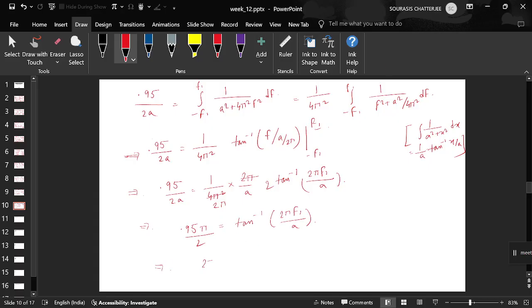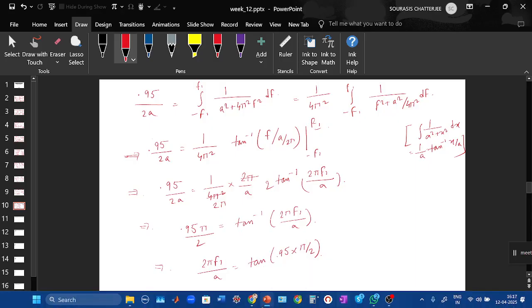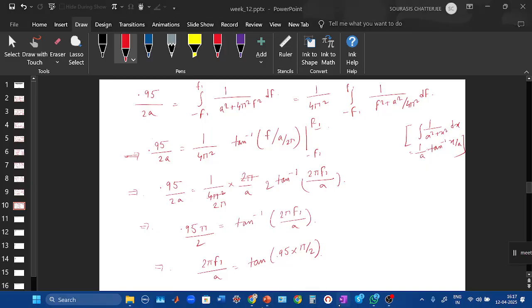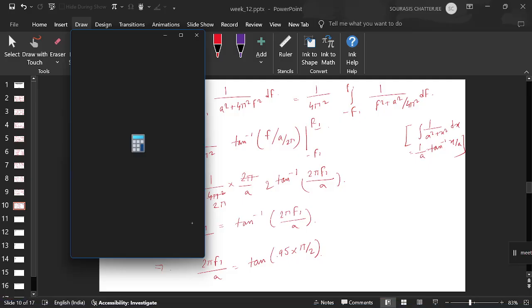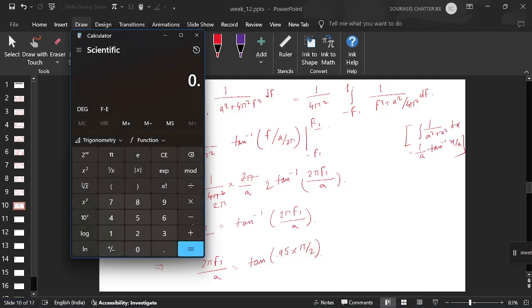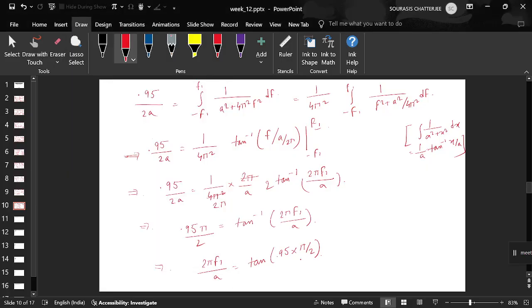So we have this following expression: 2 pi f1 divided by a is equal to tan of 0.95 into pi by 2. I need to compute that. Let me just use the calculator once. 0.95 into 90. Tan of that is 12.706.